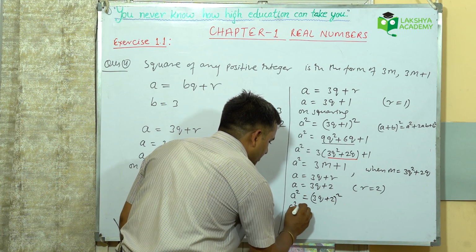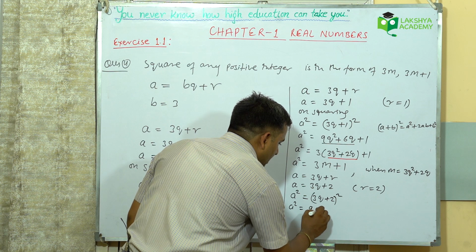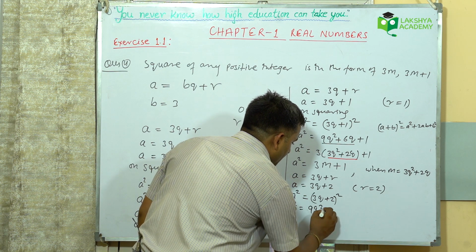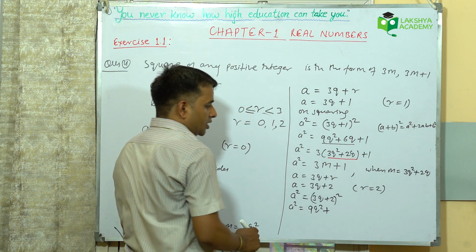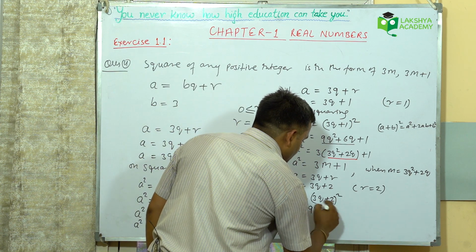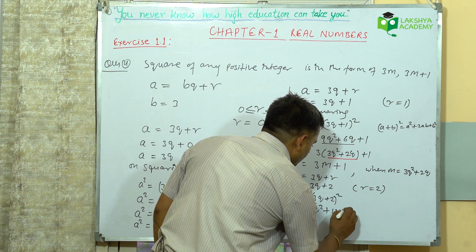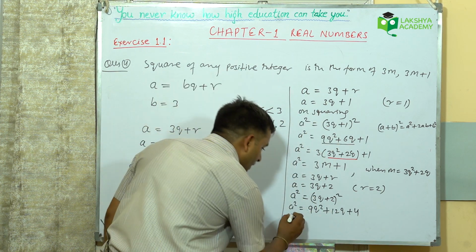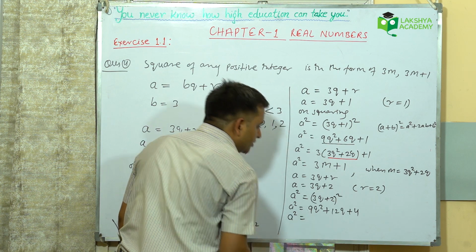So we get A square equals 9Q square plus 12Q plus 4.